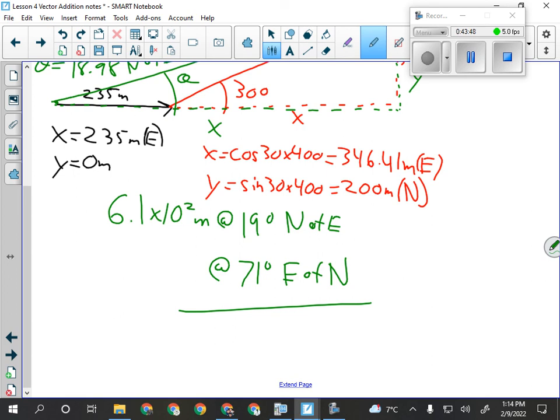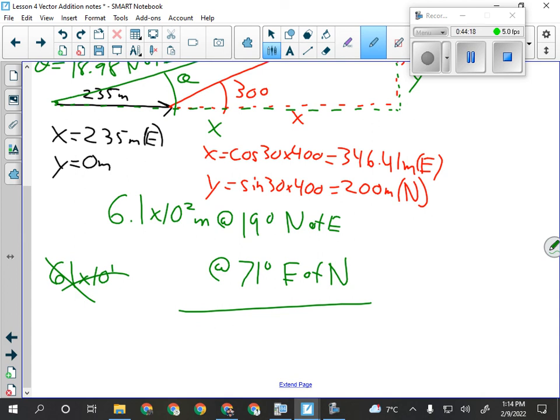Because I'm seeing, over the last couple of years, people telling me that this answer is 61 times 10 to the 1. And while mathematically 6.1 times 10 to the 2 and 61 times 10 to the 1 are the same number, that's not scientific notation. Proper scientific notation, the base number is between 1 and 9.9. All right, how are we feeling about that?